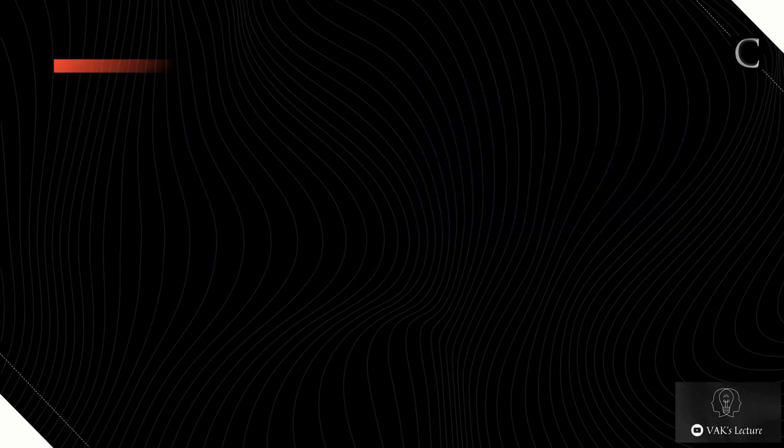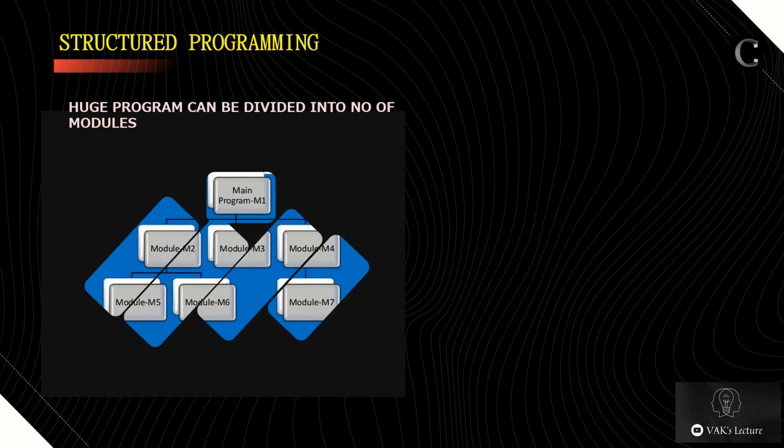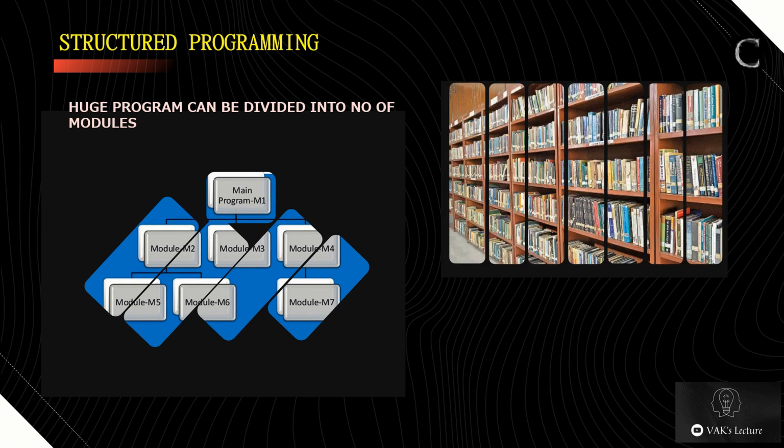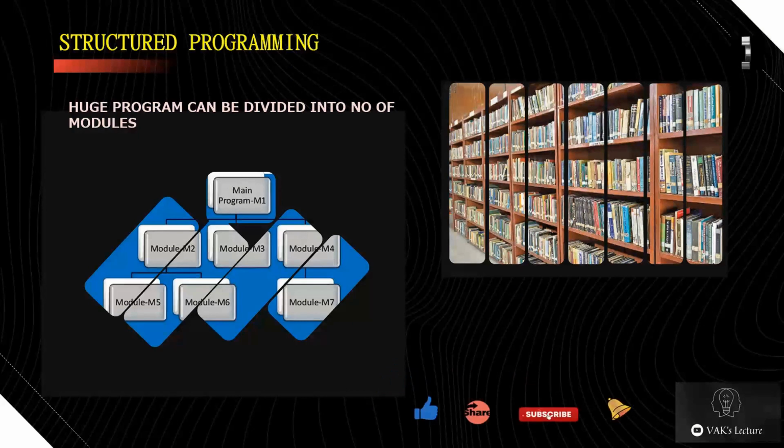Next one is structured programming. By using the C programming language, we can solve critical and big programs by dividing them into a number of modules or functions. These functions are used to perform tasks like what to do, when to do, like that. For example, in a library, if you observe, all books are not placed in a single rack.